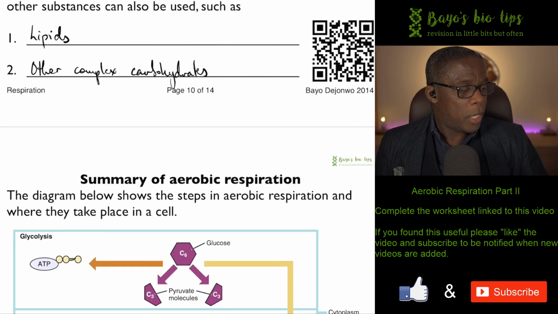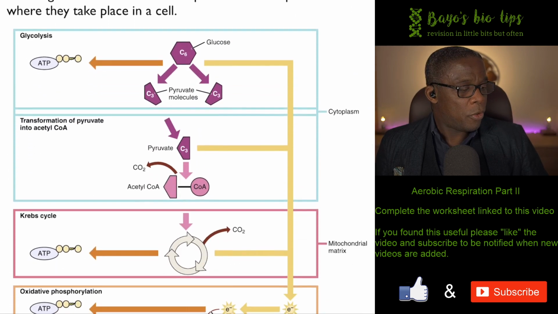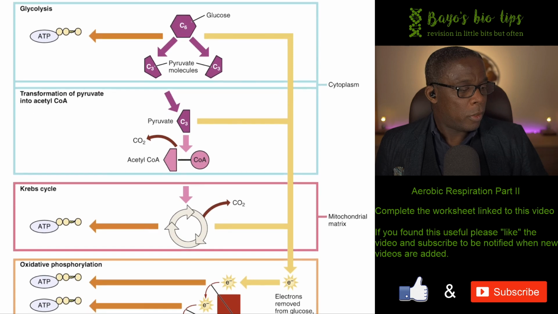Okay, so here on the last page is a summary of the entire process. So at the beginning, you start off with glycolysis. And as you can see in glycolysis, you split glucose into two molecules of pyruvate. That's the point of that, basically. And then as you can see, glucose starts off with 6 carbons, and pyruvate, you have 3 carbons in each.